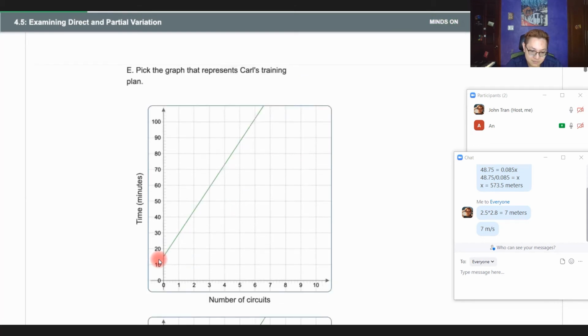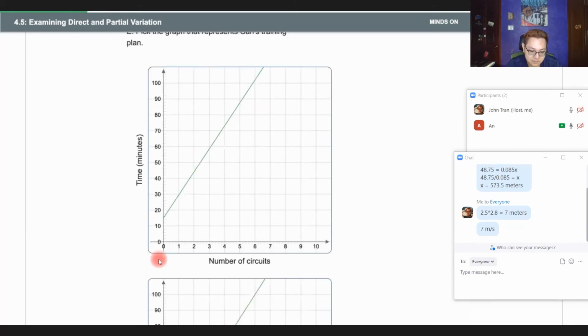Okay. Pick the graph that represents Carl's training plan.